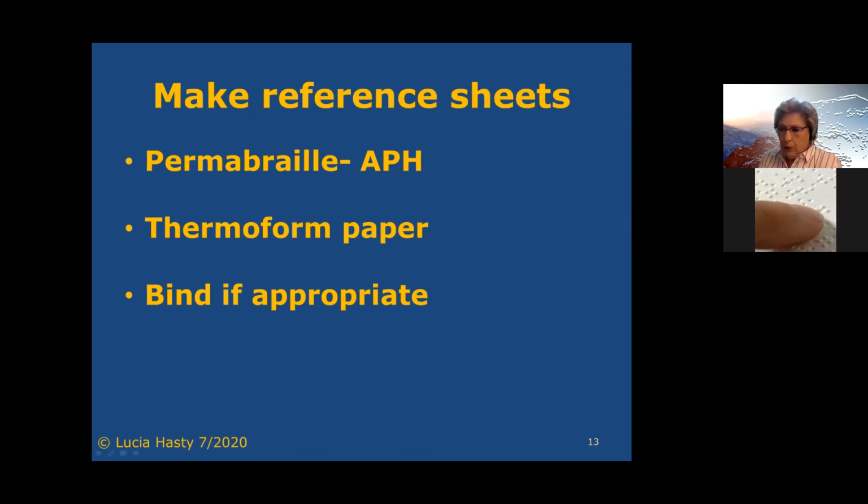You might need to make reference sheets. An example, if you have a map of the United States, there's only room in most of the states, not even all of them, to use the official postal abbreviation, the FL for Florida, for instance, CO for Colorado, just the two letters, two cells.